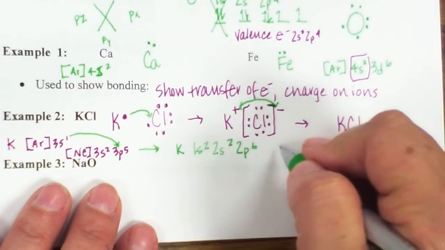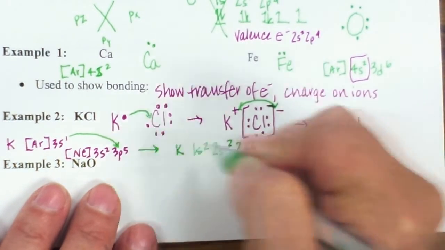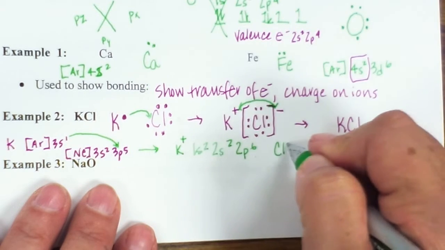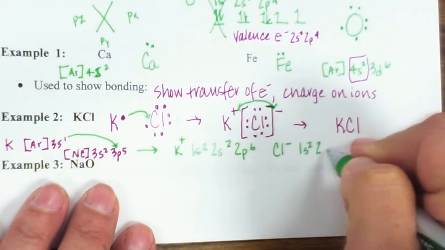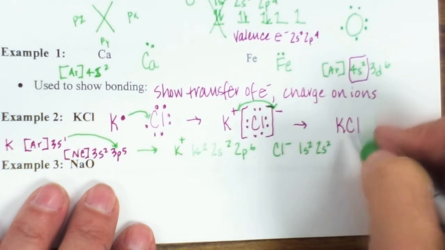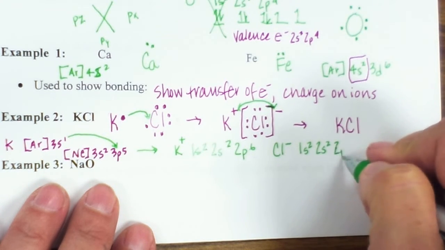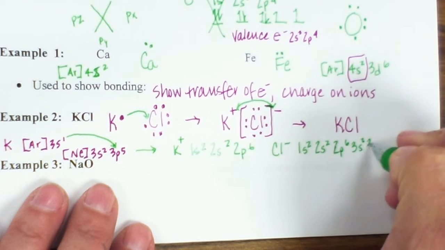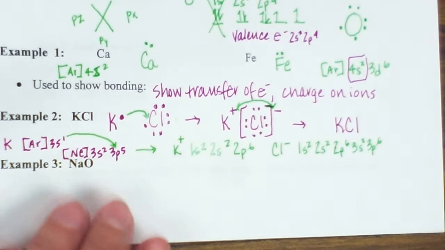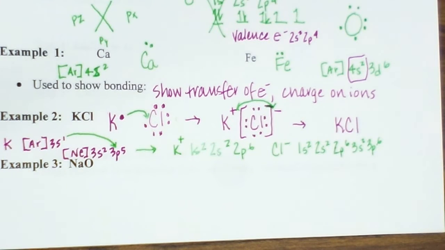Meanwhile, this is potassium plus, and chlorine minus is now 1s2, 2s2, 2p6, 3s2, 3p6. So now it has the same as argon. Everybody okay?